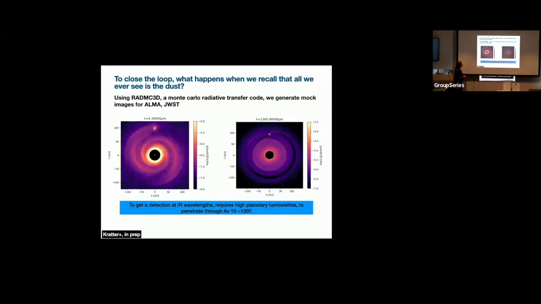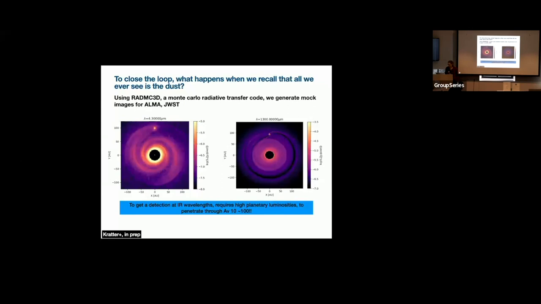And what we find is that to get detection at infrared wavelengths requires really high planetary luminosities, because we have to penetrate through a very large number of visual magnitudes. We also have to play some funny tricks with respect to how dust grains settle to explain observations where we tend to not see circumplanetary disk emission at millimeter wavelengths, but still see bright spots in the infrared. We're still working on what kind of models would be consistent with that.